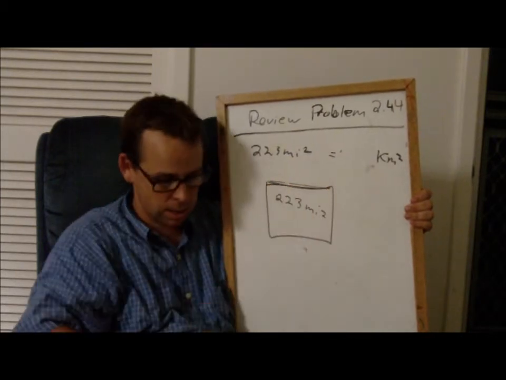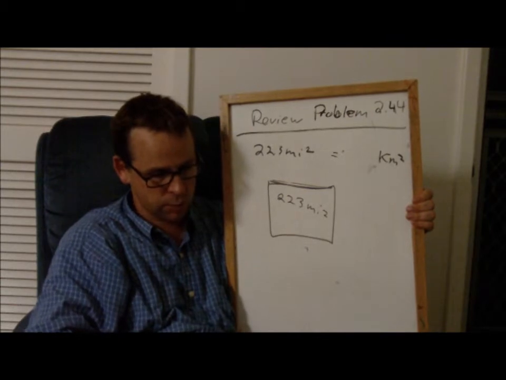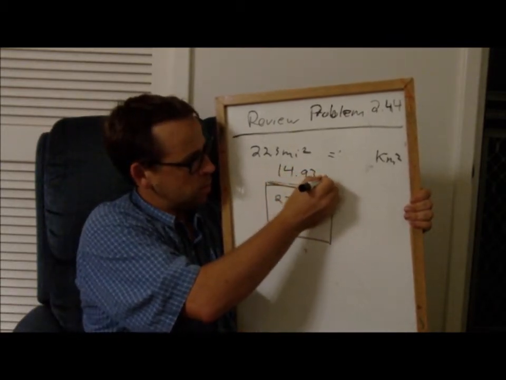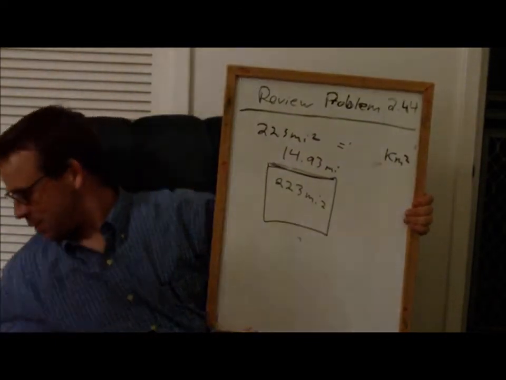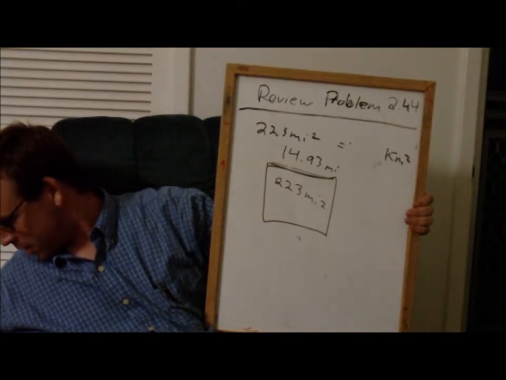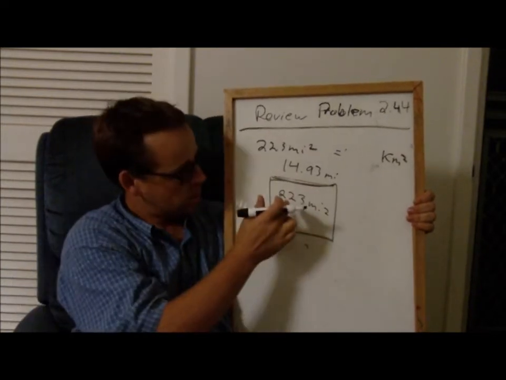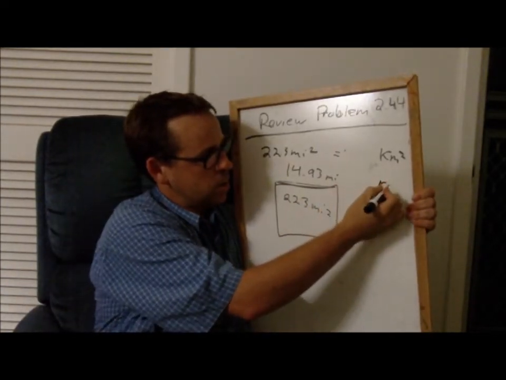This length then is the square root of 223, which is 14.93 miles. If I want to convert 14.93 miles to kilometers, 1 mile is 1.609 kilometers. 1 mile, and I want to convert it to kilometers.